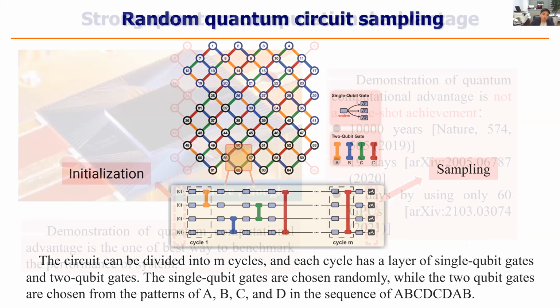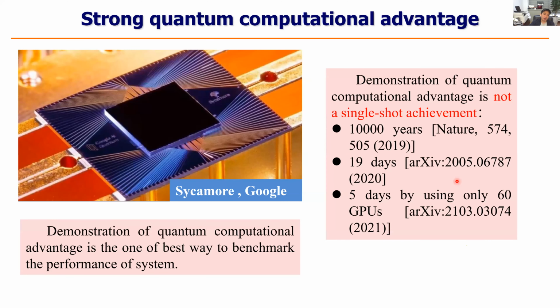As we know, Google's Sycamore already showed such an advantage. We also call it supremacy in such quantum sampling problems. But why do we need to do it again? Because we perform a lot of gates and sampling, we check if there is still some fidelity.